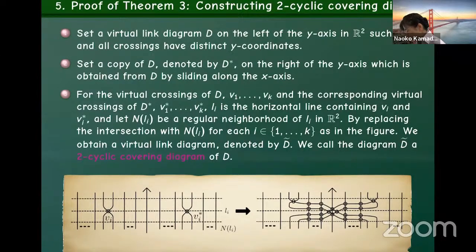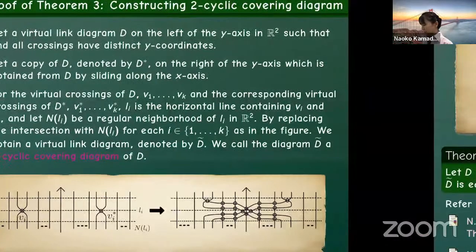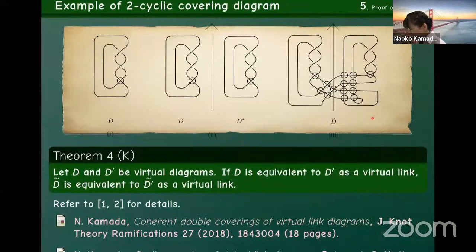We call the diagram D tilde a two cyclic covering diagram of D. So this is an example of a link diagram D with D tilde.